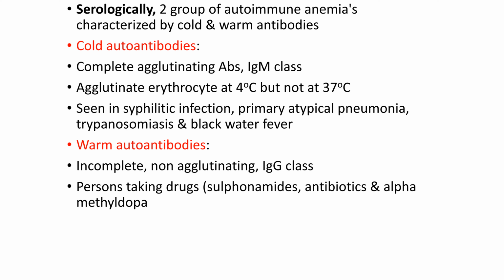Whereas the warm autoantibodies are incomplete, non-agglutinating, and are usually of the IgG class. And persons taking drugs, for example, sulfonamides, antibiotics, and alpha-methyldopa, usually have these warm antibodies, resulting in autoimmune anemias.